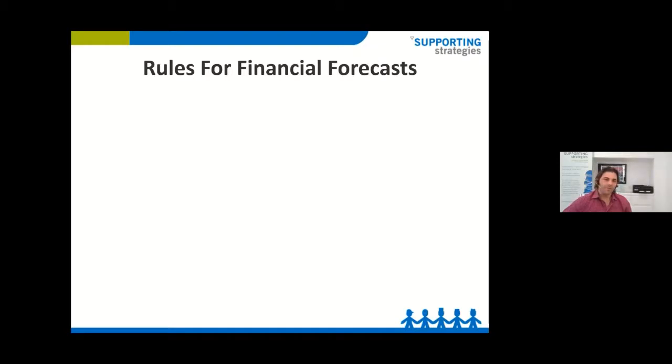So some rules for financial forecast models. They've got to be credible. Consider internal and external constraints. So who, on this call right now, any volunteers for an example of an internal and external constraint?